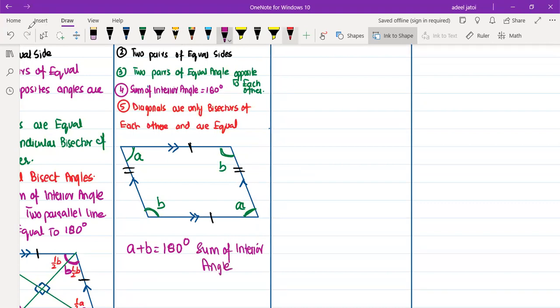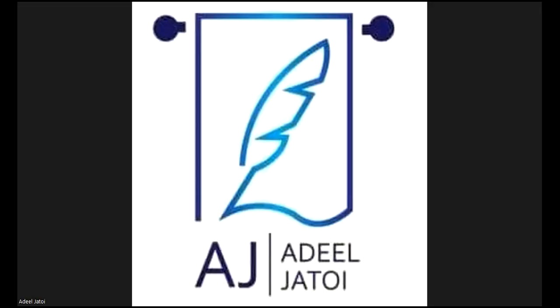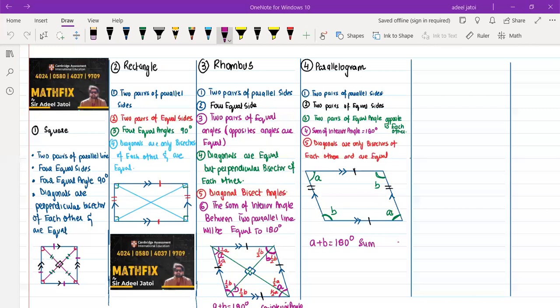And finally, the diagonals are bisectors. That means if we have a straight line, so as I said, the diagonals only bisect each other and are equal.